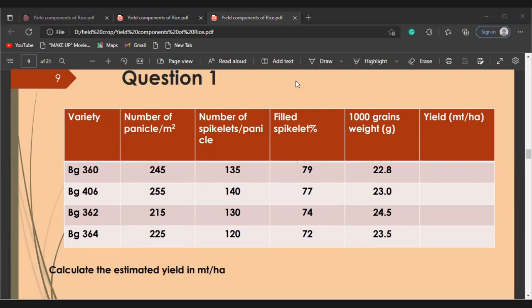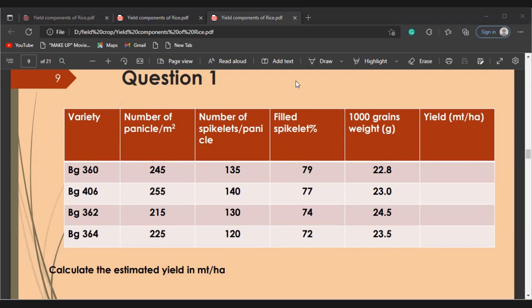By having the number, there's a hint. By having the number, we can guess the maturity period.